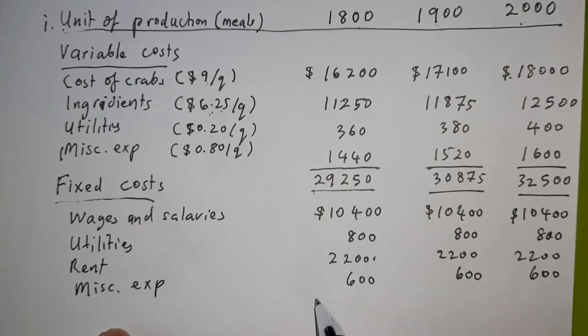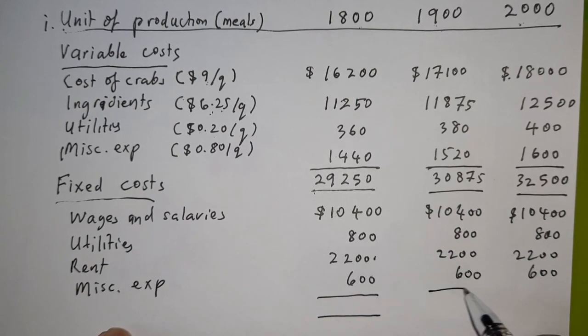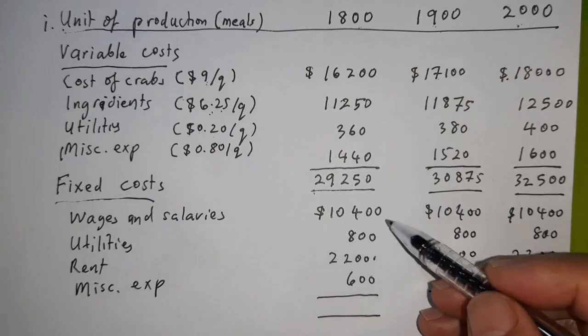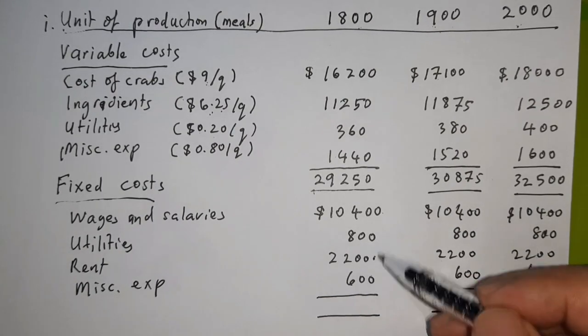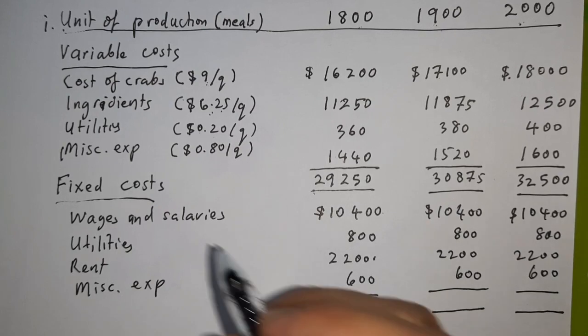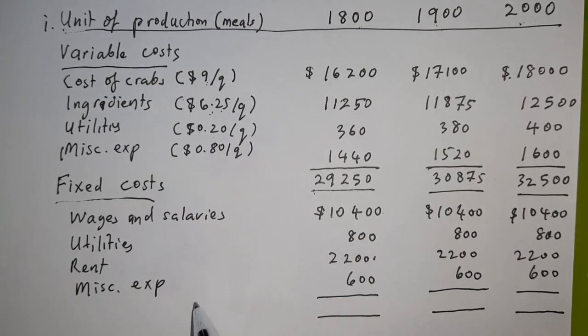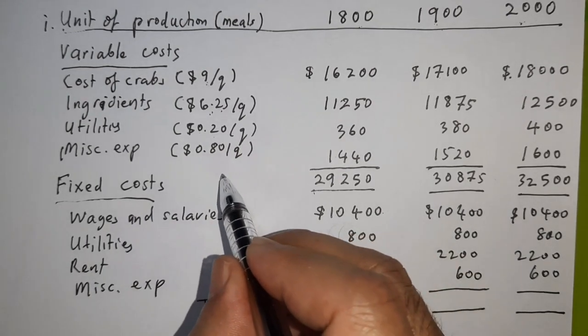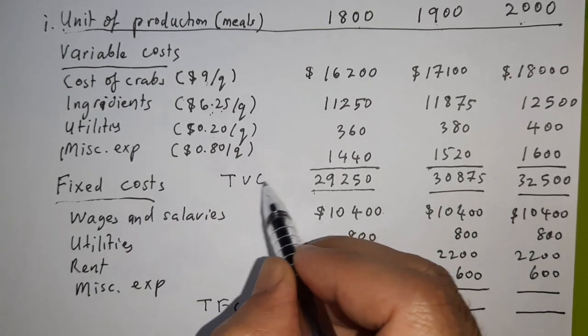You can calculate the total fixed cost. Okay, so you add all these four costs. So the total fixed cost, this is the total fixed cost. This is the total variable cost.